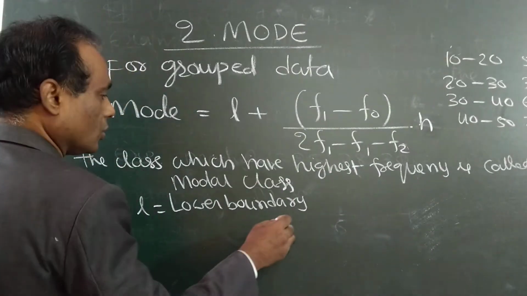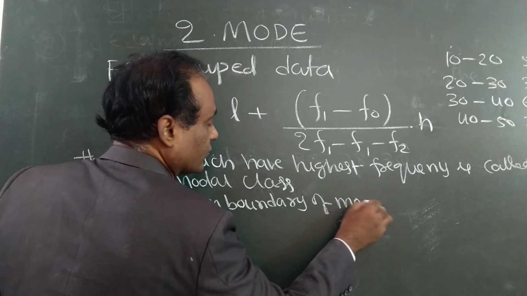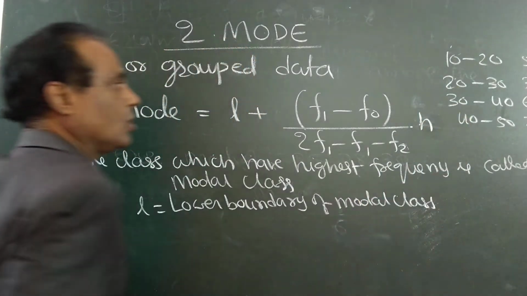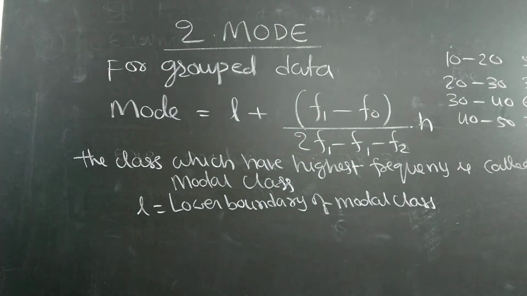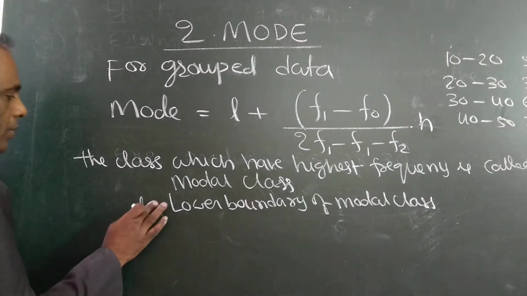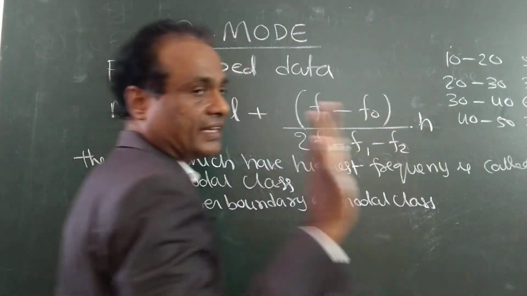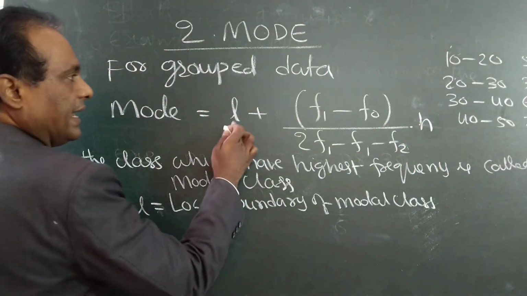So L is equal to the lower boundary of the modal class. What is L in this example? 30. L is over.